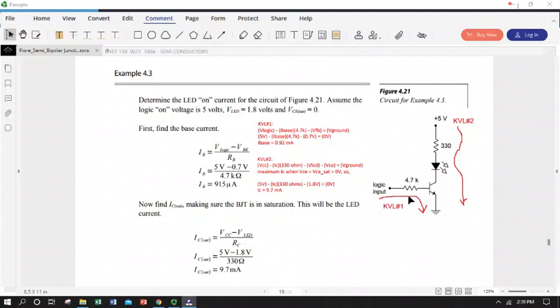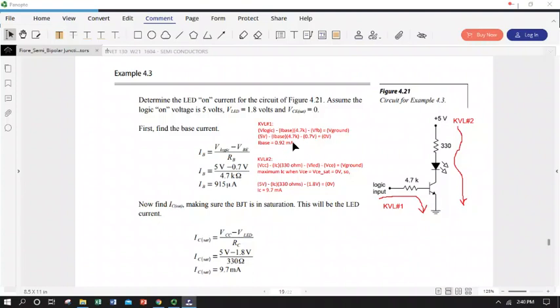So no voltage drop collector to emitter over the transistor. We can set up a couple of KVL loops, which I've written out for you. Going through KVL and solving for I base, we get just a little under 1 milliamp. But since we were told we're operating in saturation, the collector emitter voltage is 0, and we really didn't need to use that I base.